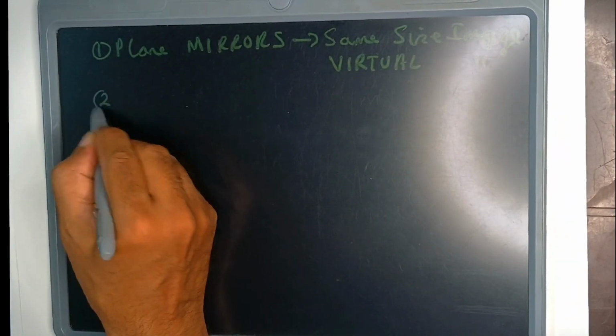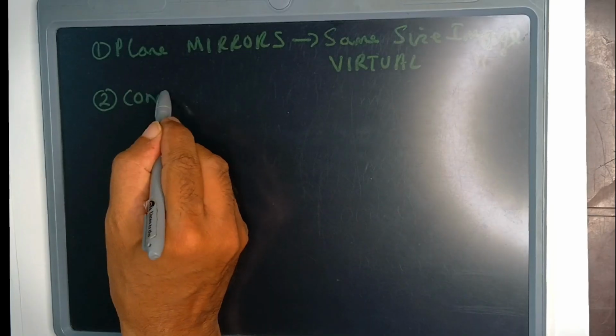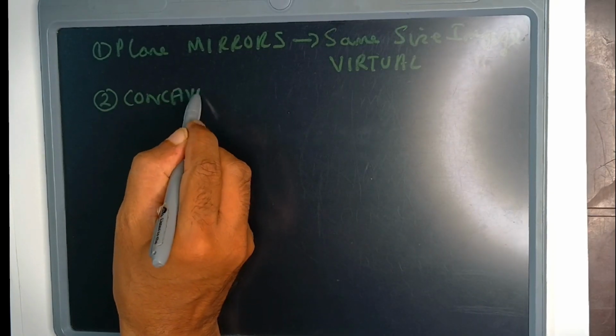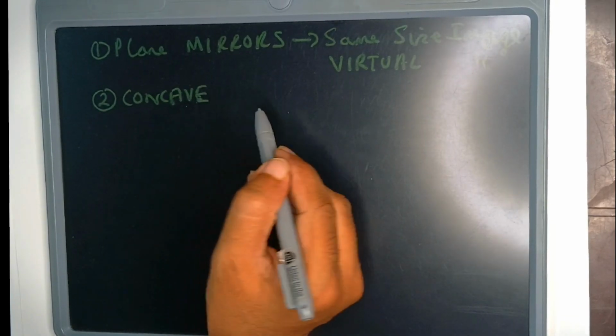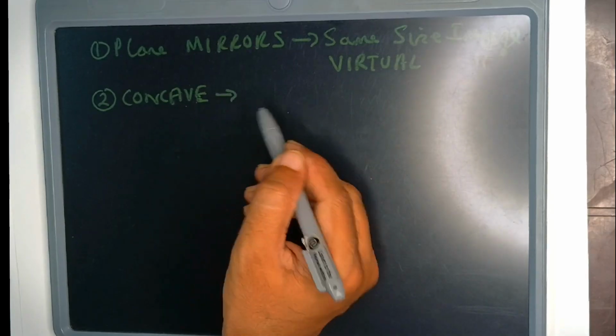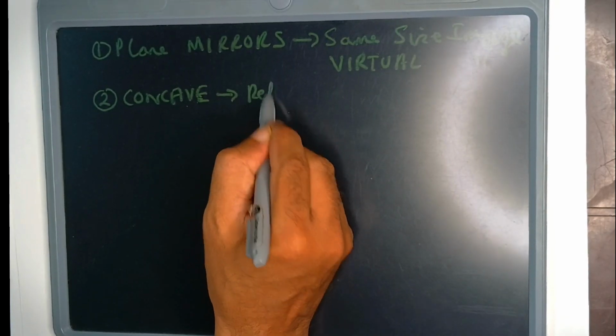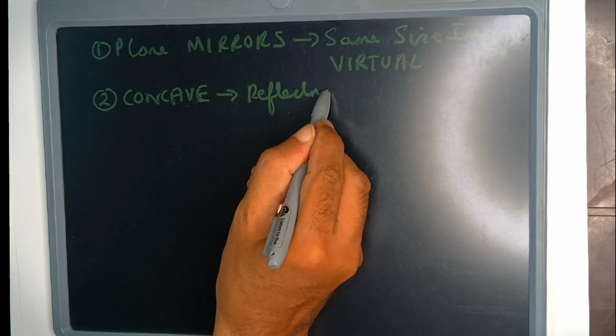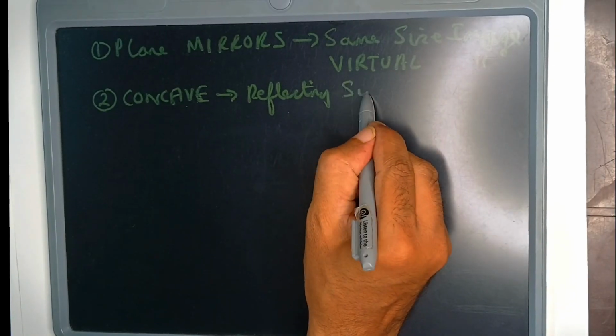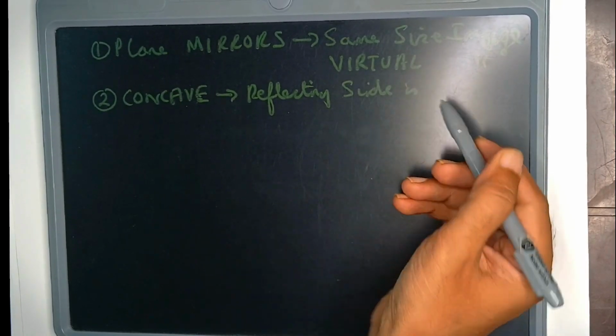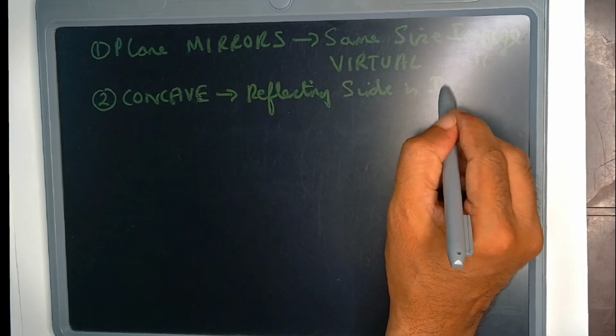Then we have seen the concave mirror. The reflecting side is inside.